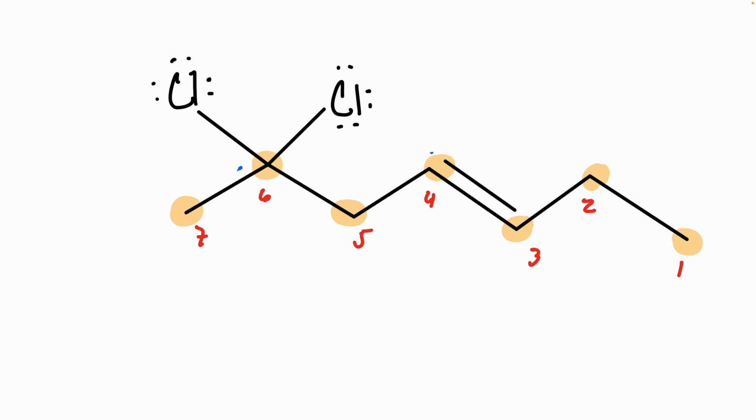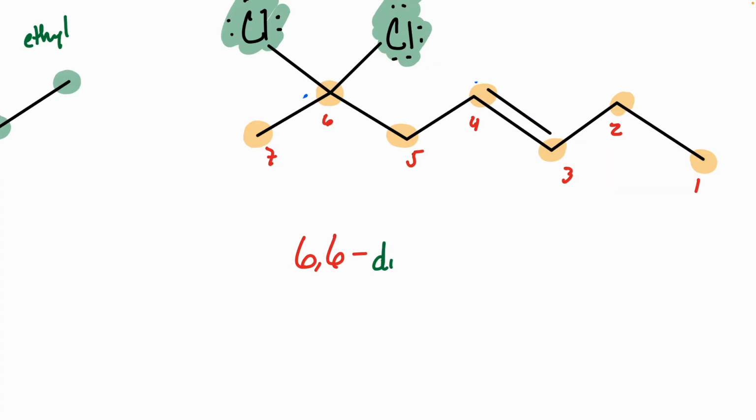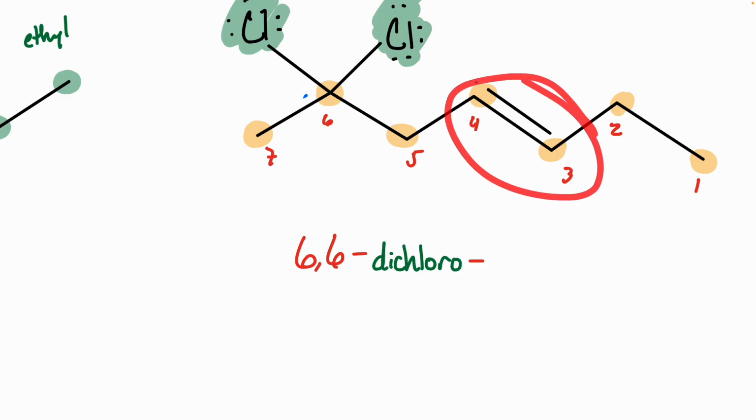All right, as we said, these are chloro groups. Remember, when we build this into our name, we're going to need the locant for both of them, so 6,6-dichloro. My carbon-carbon double bond I'm going to refer to by which of these two numbers? The 3.